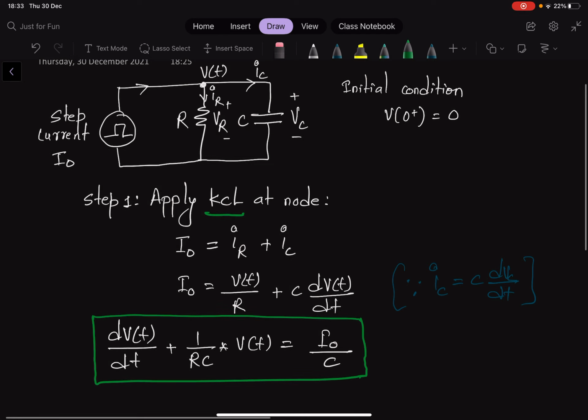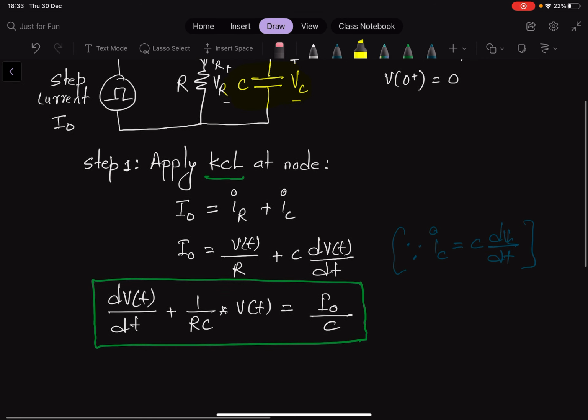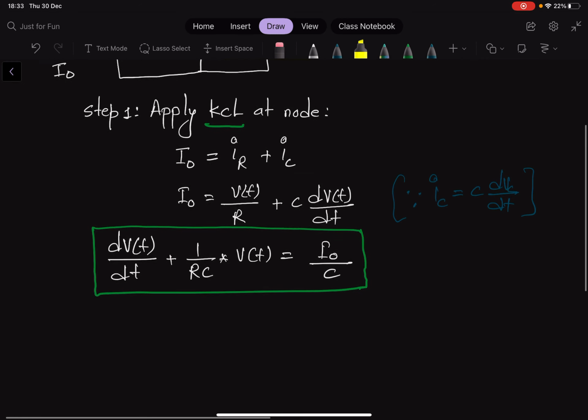The idea is, the more energy storing elements like inductors and capacitors you have in the circuit, the higher the order of differential equation you are going to get. One energy storing element in the circuit, one first order differential equation. If you have two capacitors in the same circuit, then you will get a second order differential equation, and so on. If you have two inductors, then so on. Yeah. So let's move on.